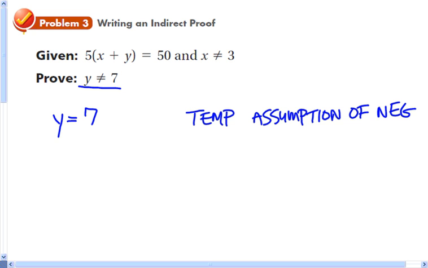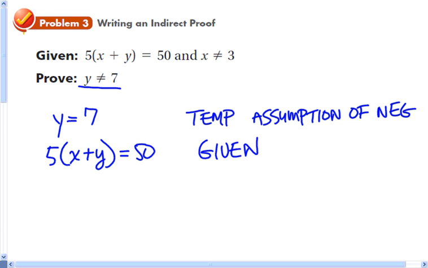So once we write y is equal to 7, we can also write our given. Then we can write that 5 times x plus 7 must equal 50 by substitution.